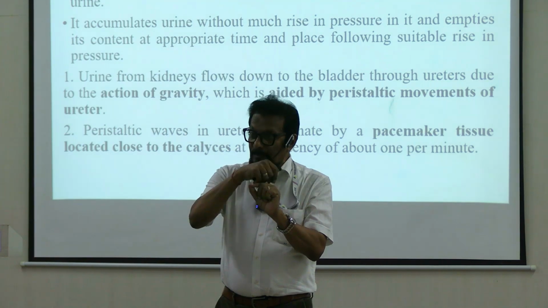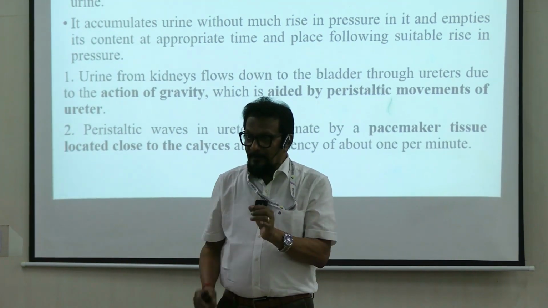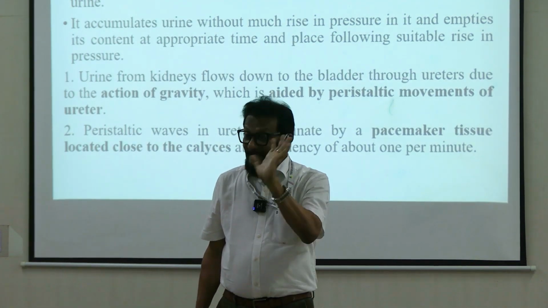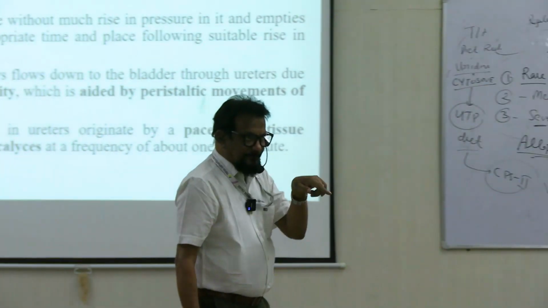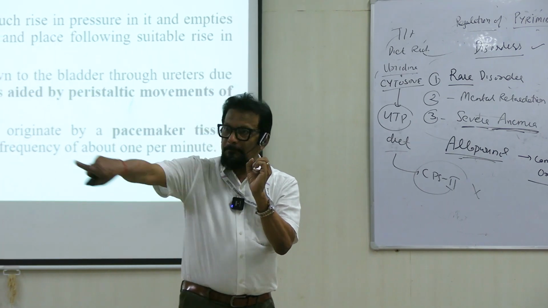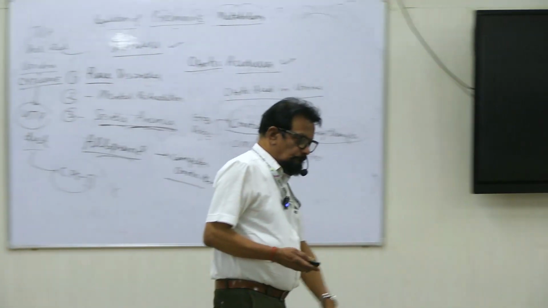From there, the impulse comes to the muscles of the ureter, and the rate of impulse is 1 per minute. So when the impulse comes, the ureter contracts. So it pushes the urine towards the bladder.